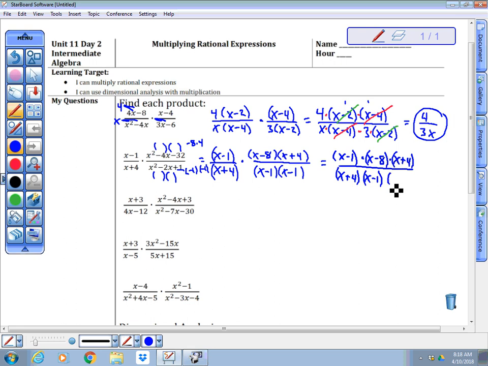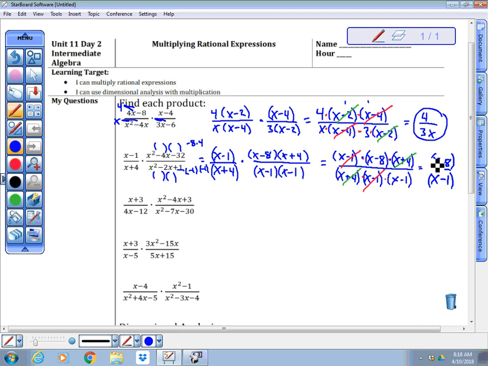And since there is multiplication in between each parentheses, I may cancel out tops and bottoms of identicals. So x minus 1 will cancel. X plus 4 will cancel. That leaves me with just the x minus 8 and x minus 1 on the bottom.